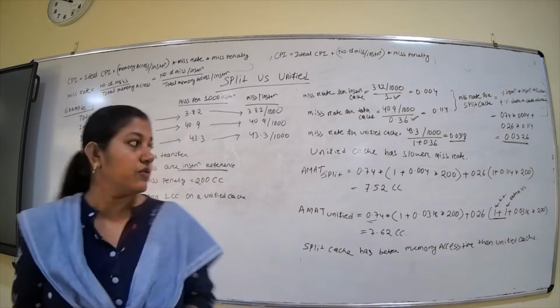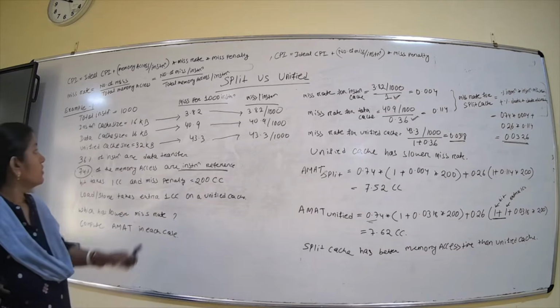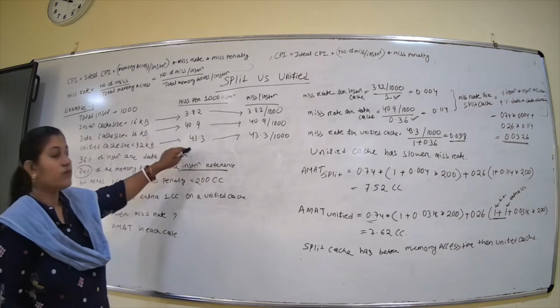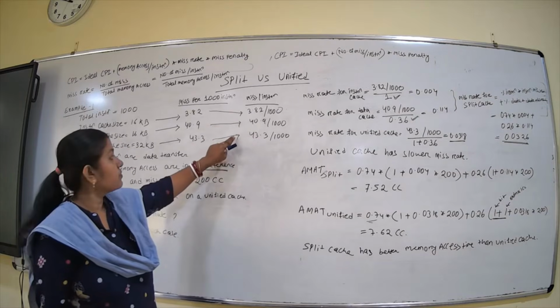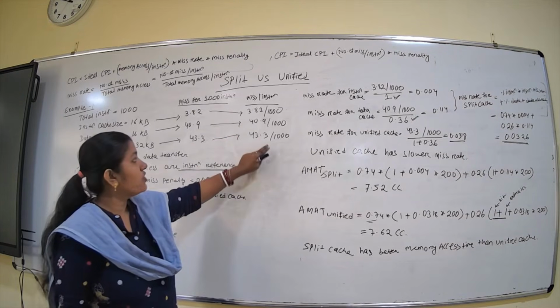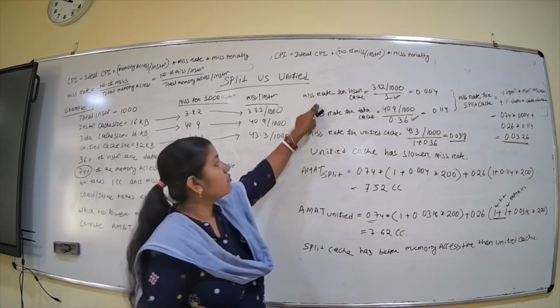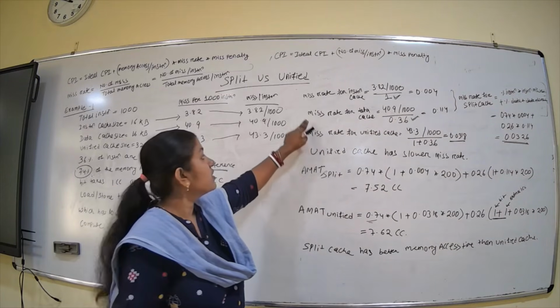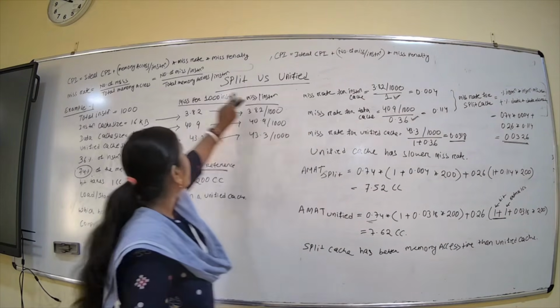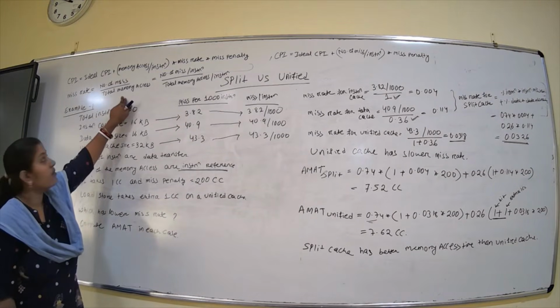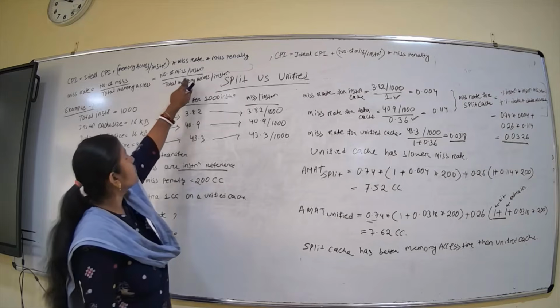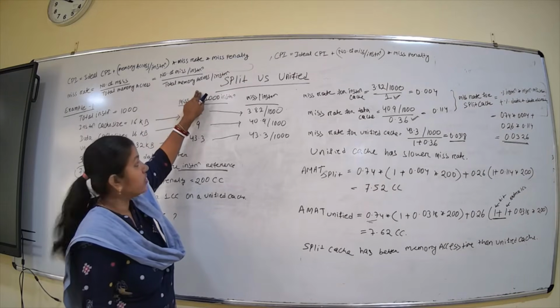Okay, just see what we have discussed. Misses per 1000 instructions is given for each case, so you just calculate misses per instruction. From the misses per instruction you will be able to calculate the miss rate for each case. First you have to know the miss rate formula: number of misses divided by total memory accesses, or the number of misses per instruction divided by total memory accesses per instruction.